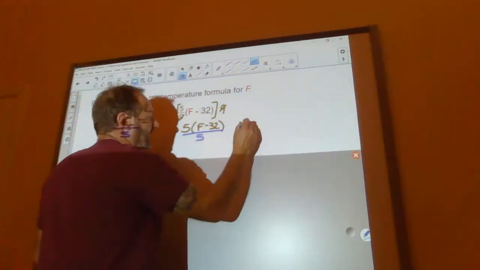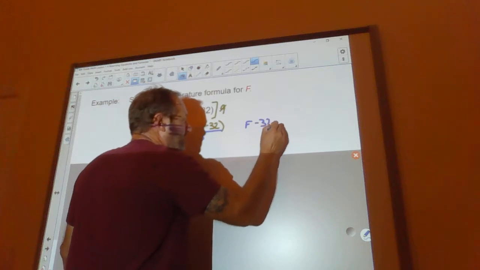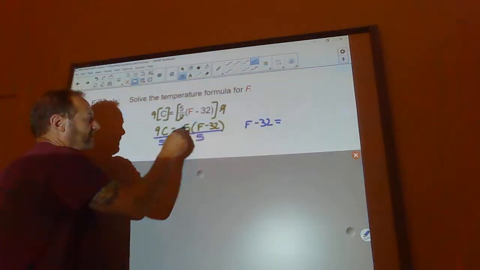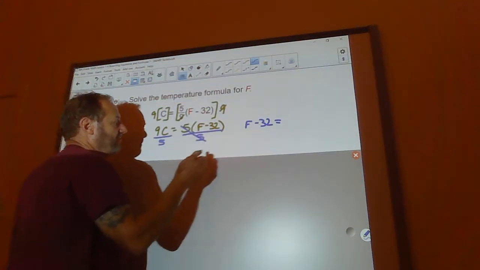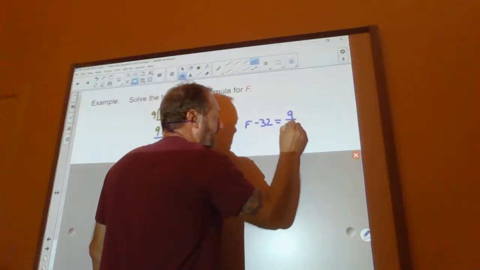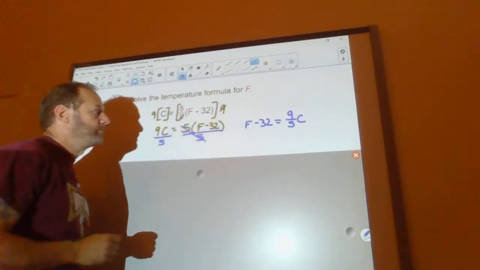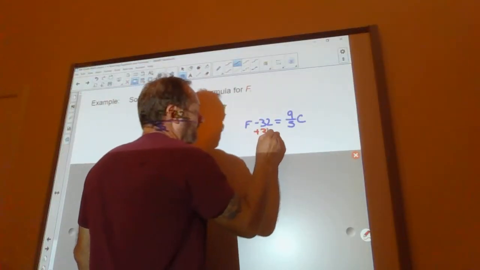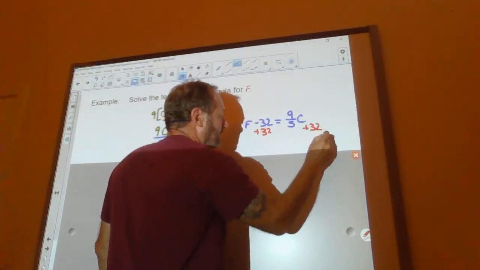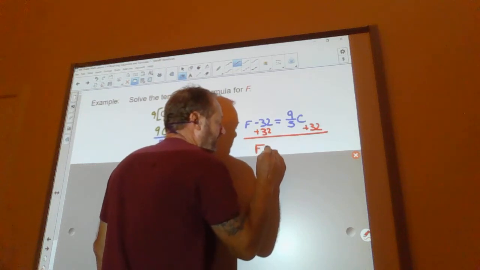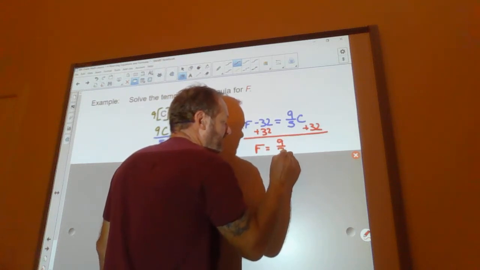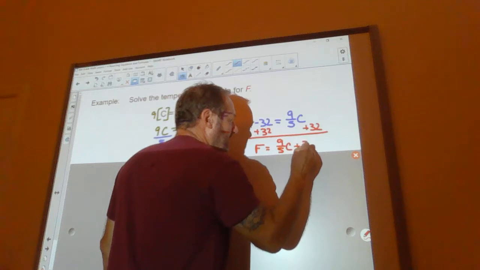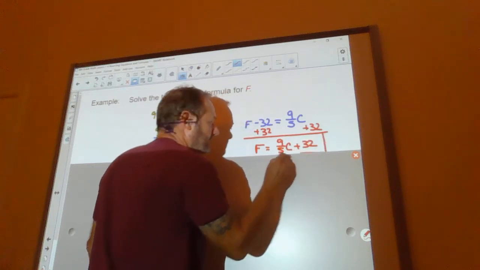So now I'm going to get F minus 32 equals, because these are going to cancel out, 9/5 C. And then it's easy, I just add 32 to both sides. And F equals 9/5 C plus 32.